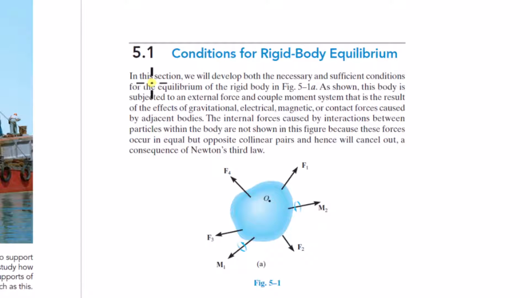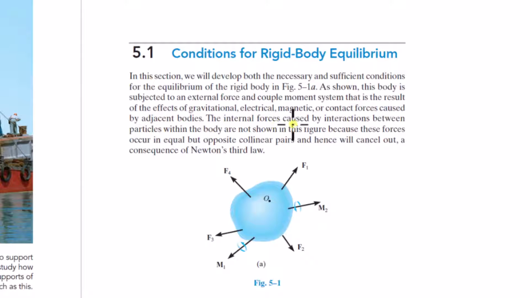So in this section, we will develop both the necessary and sufficient conditions for the equilibrium of the rigid body in figure 5.1a. So we're assuming it's a rigid body, and that's a perfectly good assumption if you're dealing with a solid. Typically, the solid doesn't deform when the loads are applied to it. As shown, this body is subjected to an external force and couple moment system that is the result of the effects of gravitational, electric, magnetic, or contact forces caused by adjacent bodies.